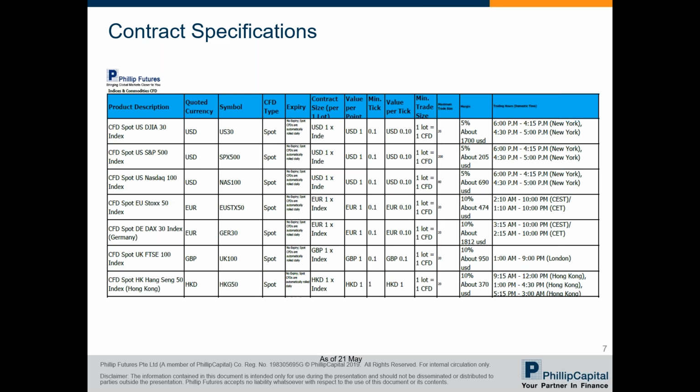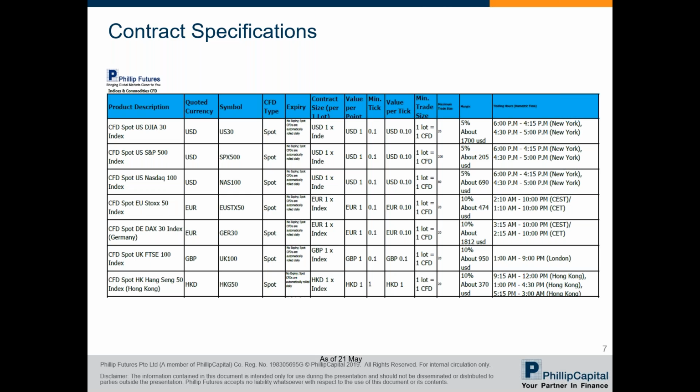The US indices are all 1 USD per point of the index. For example, the Dow Jones Index is around 34,100 at this moment. A 1 point movement from 34,100 to 34,101 will be a 1 point increment, which equals 1 US dollar.